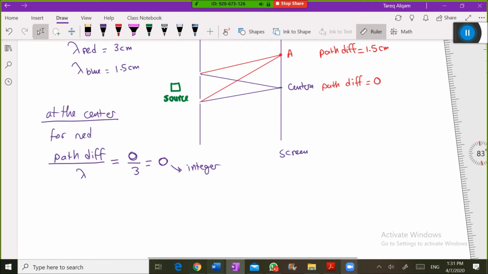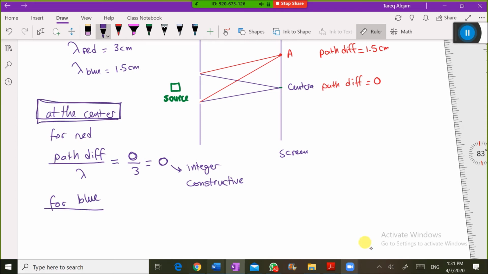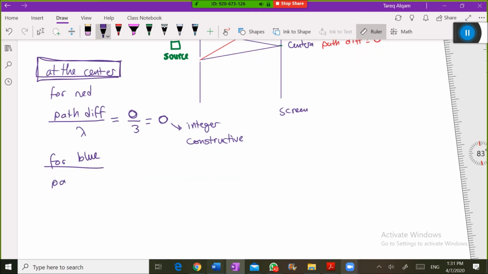So here we have constructive interference for red. For blue, we are still talking about the center. Again, the path difference over lambda: the path difference is 0, lambda is 1.5, which is 0, which is also an integer. So blue light also makes constructive interference. Is that clear?